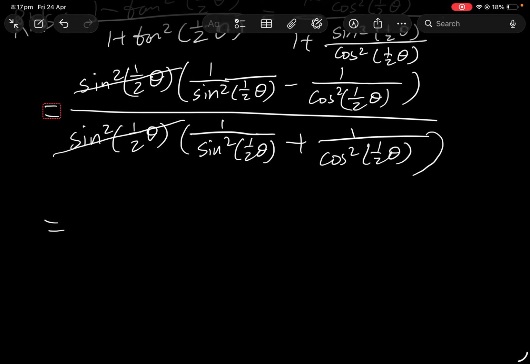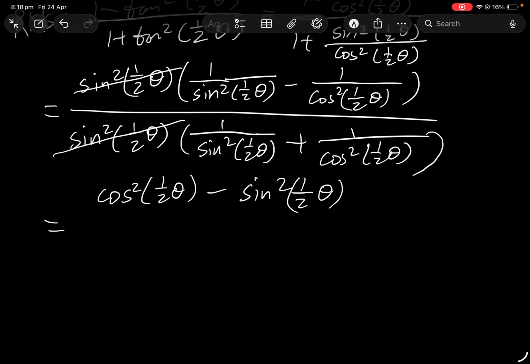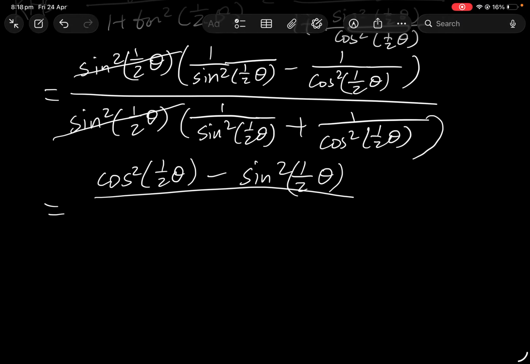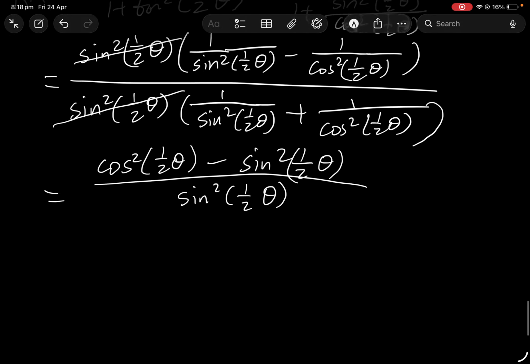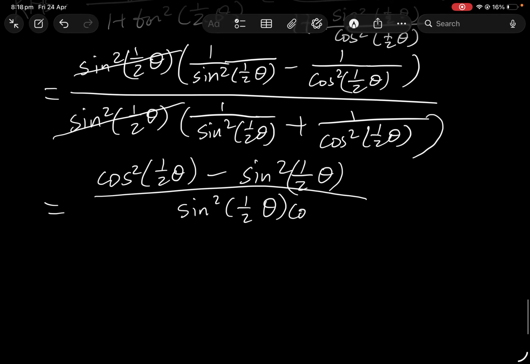Then we should combine these two because they're additions. So this becomes cos squared take sine squared half theta, all over sine squared cos squared.